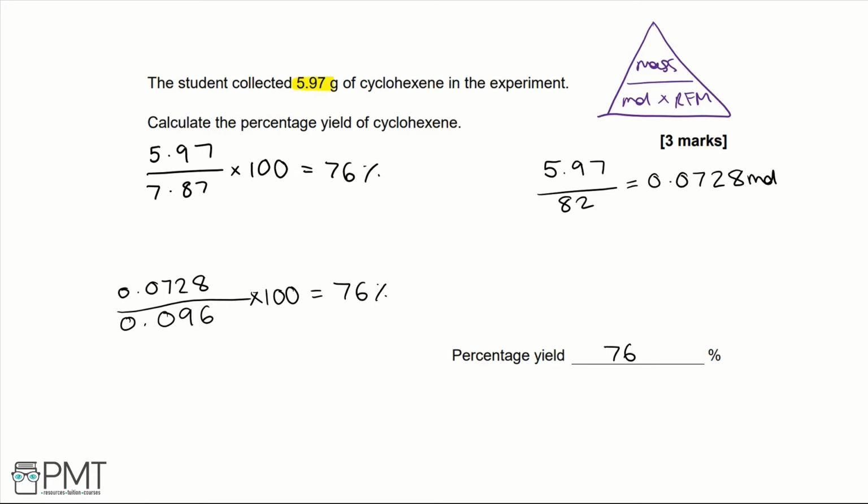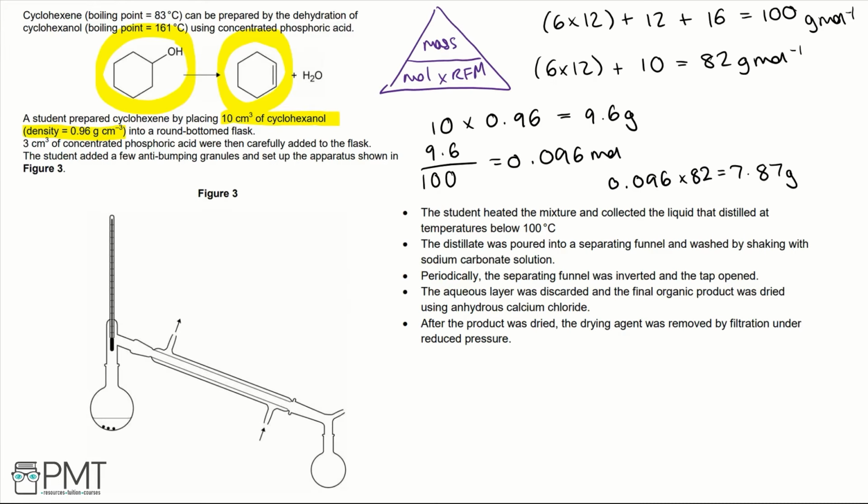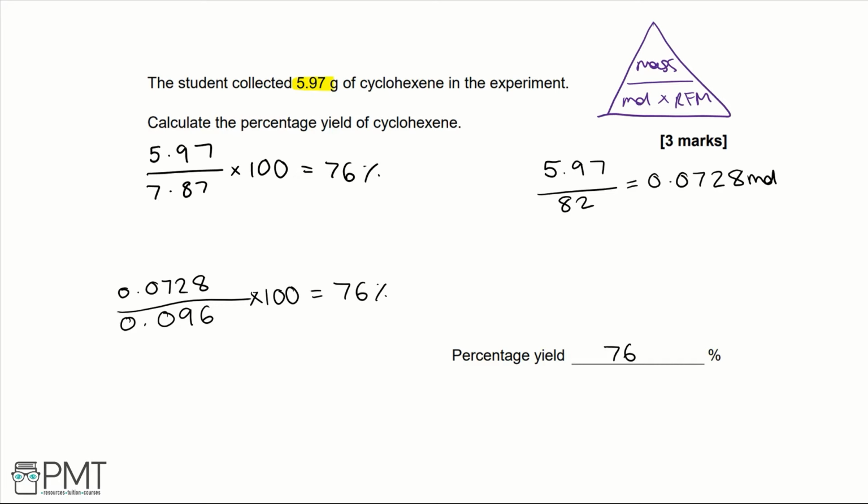So to get the 3 marks for this question using our first method, you get a mark for working out the moles of cyclohexanol, so 0.096. You get a mark for working out the mass or the maximum mass of cyclohexene, and then you get your final mark for dividing the two masses and calculating your percentage yield.